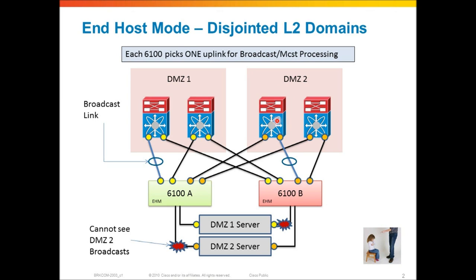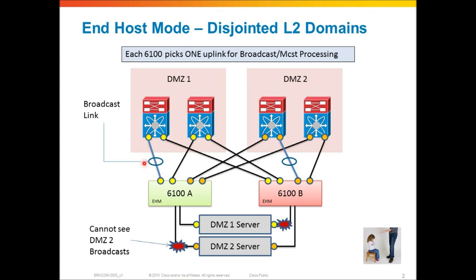However, if and when the ARP entry times out on the upstream switch here, and it has to be relearned, when these upstream switches ARP for the MAC address of DMZ2 server, that will be a broadcast request, and that broadcast will be sent down all the links, but it will be discarded on 6100A because that broadcast was received on a link that is not the broadcast listener.